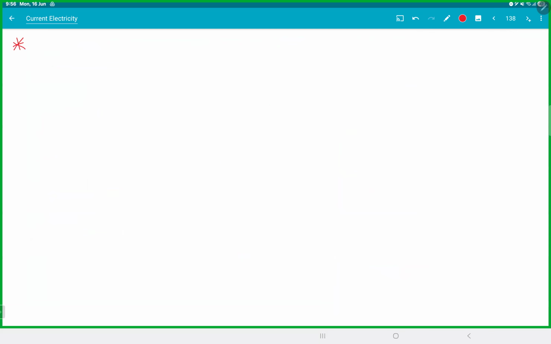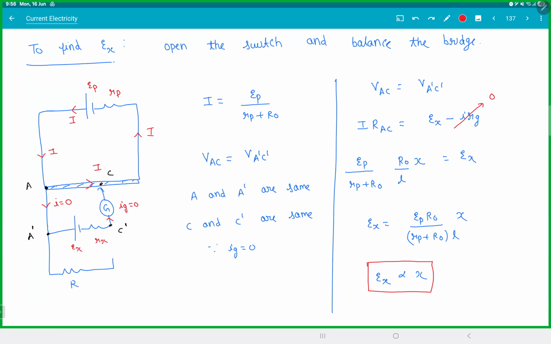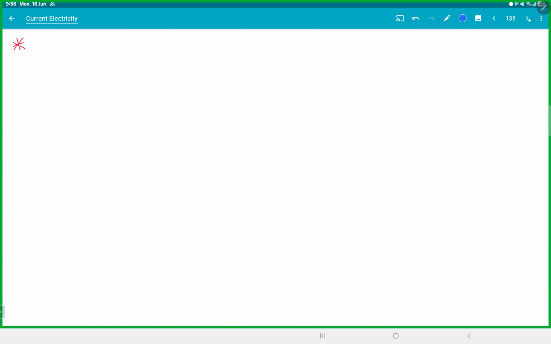Now, when you're in a lab, right, we are really not interested in calculating EP, RP, R naught. Who will calculate all these values? So what people do, we actually use two cells, E1 and E2.